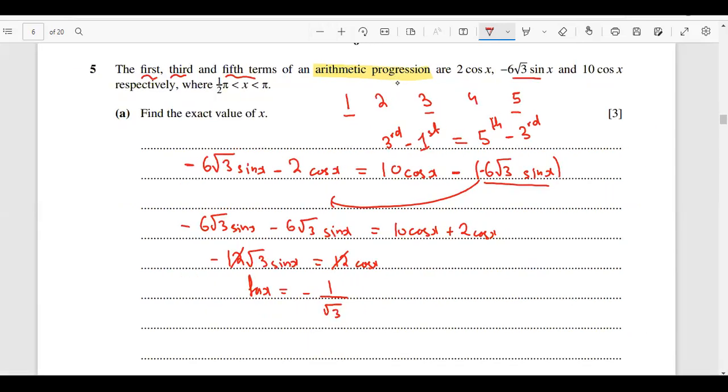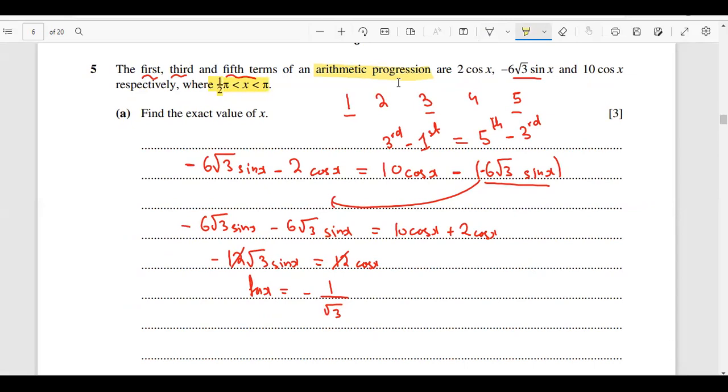Now find the value of x. And be careful with everything. Do not give me an answer in degrees when you can see that the range is in radians. 5 over 6 pi. Okay, all right. Let's see.